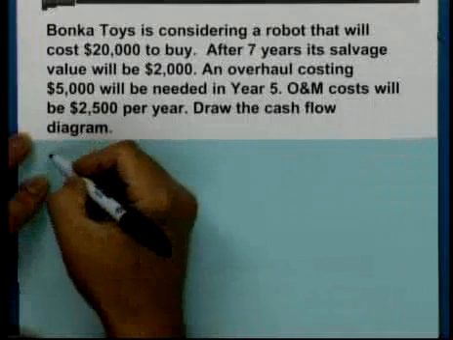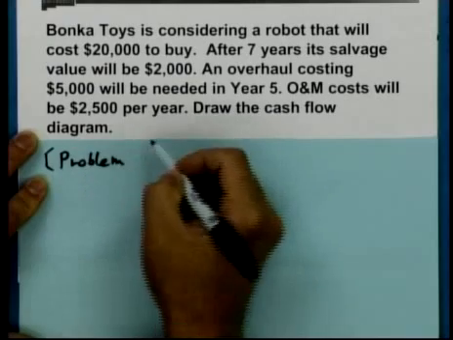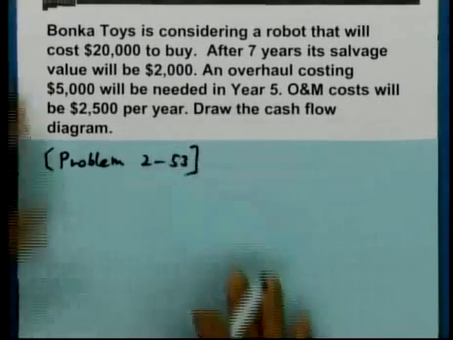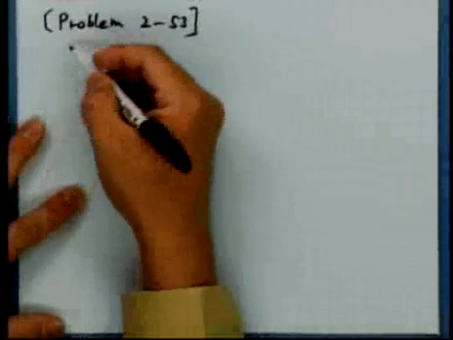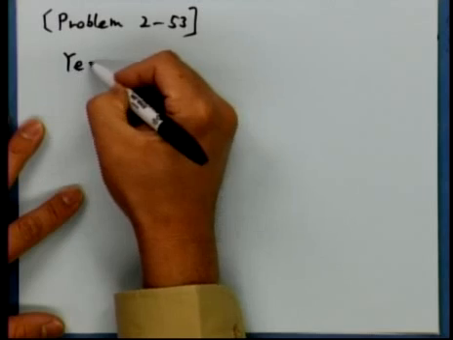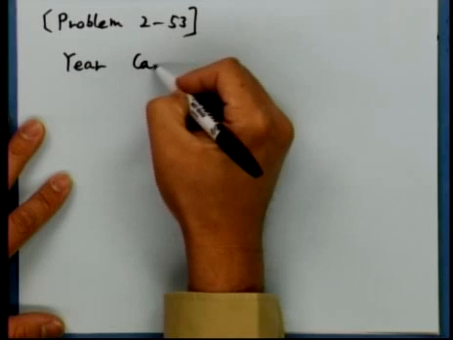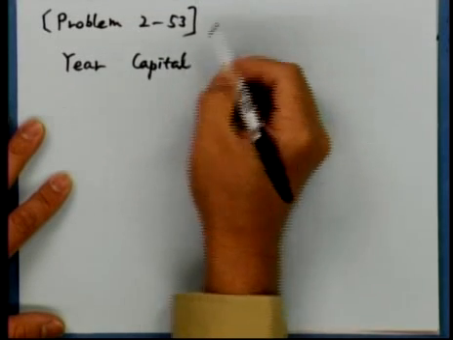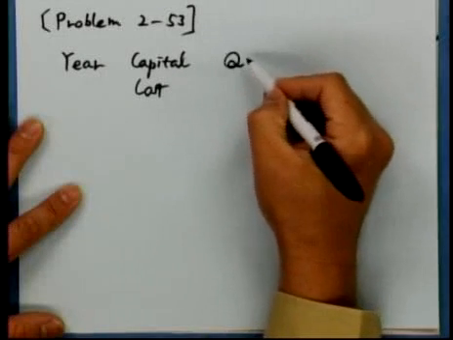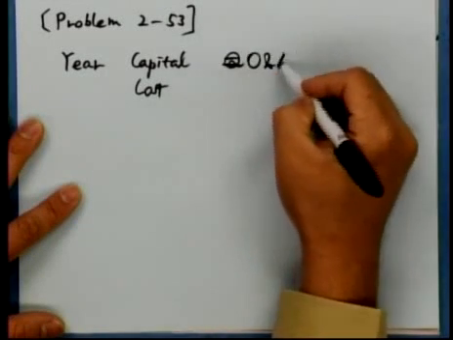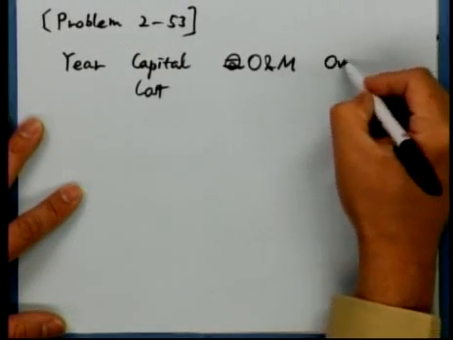So here is problem number 2-53. The first column would be the year, the second column would be the capital cost, the third column is the operation and maintenance cost, and the last column would be overhaul.